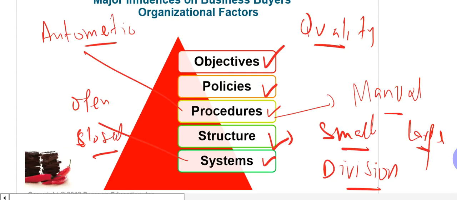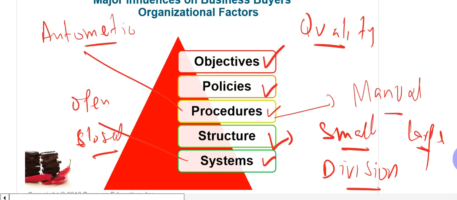After that we tried to understand the factors within the organization which influence its decisions: the policies, the objectives, the procedures, the structures, and also the system of the organization. These are the factors which impact the decision of the organization.